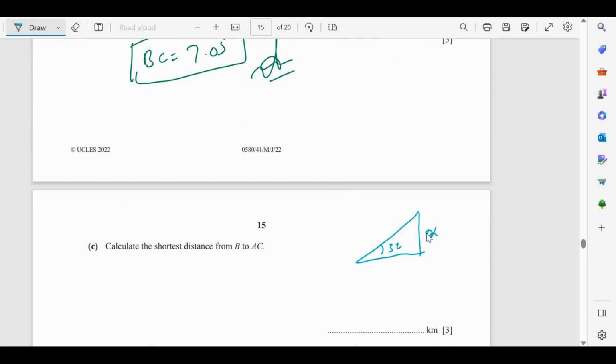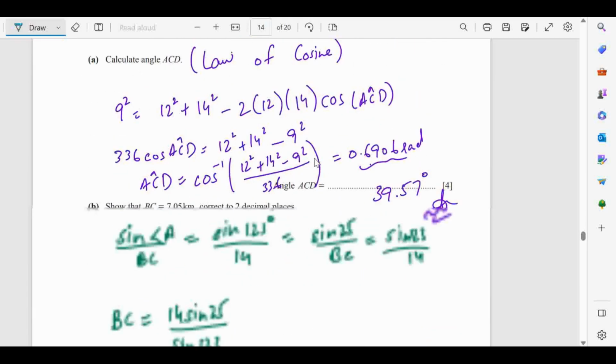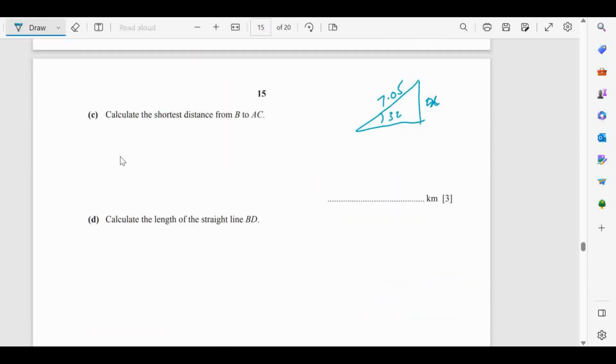We need to find the height, or X, and the hypotenuse is 7.05. We have proved that this side is 7.05. So we can use sine of 32 equals perpendicular by hypotenuse. So X will be equal to 7.05 into sine of 32.